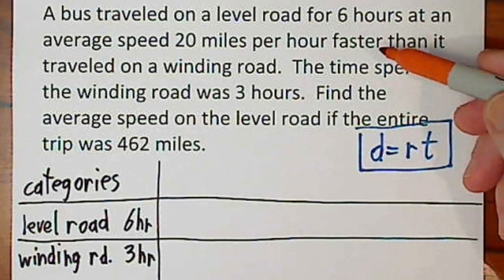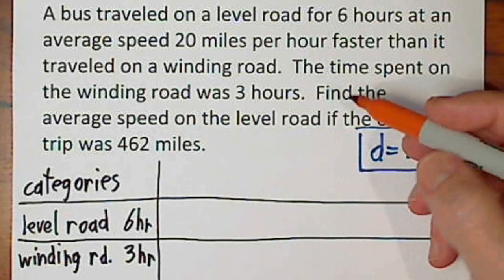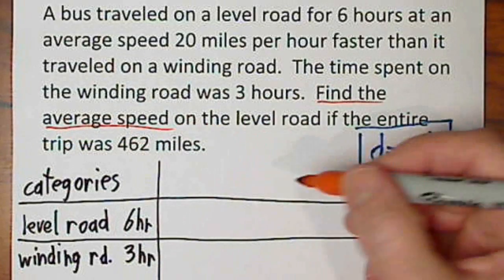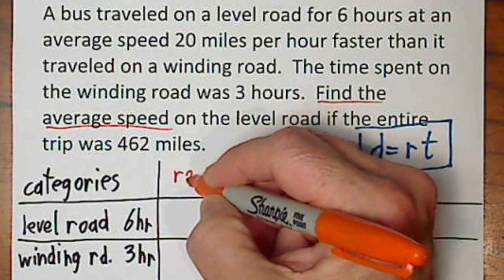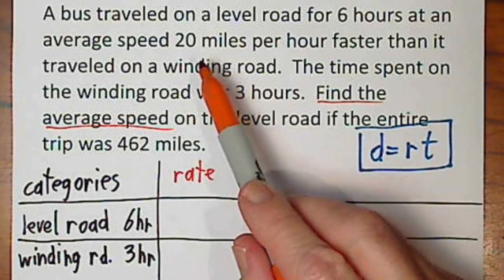So for the rate, we're trying to find the rate. So they're saying find the average speed. We'll call that the rate. And how do we do this?